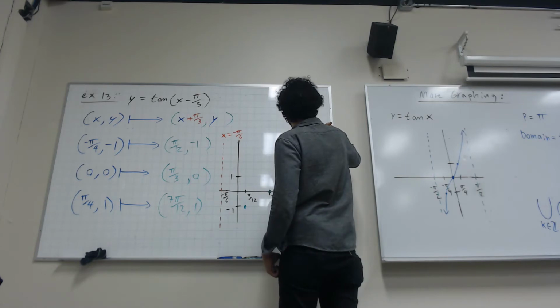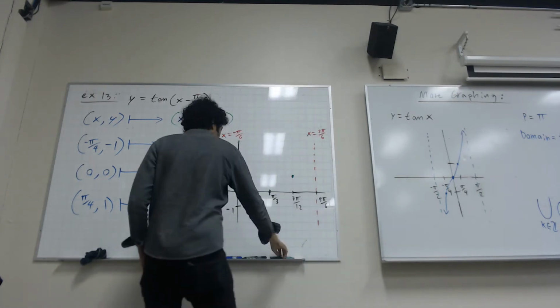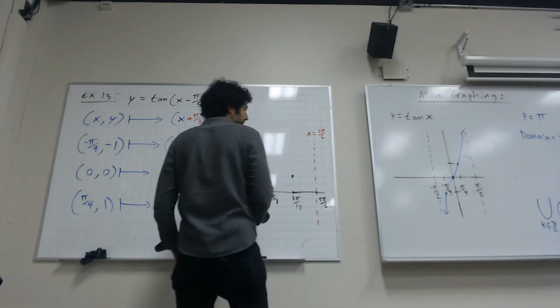X is equal to 5 pi over 6. And then, yeah, it's got the same shape and everything.